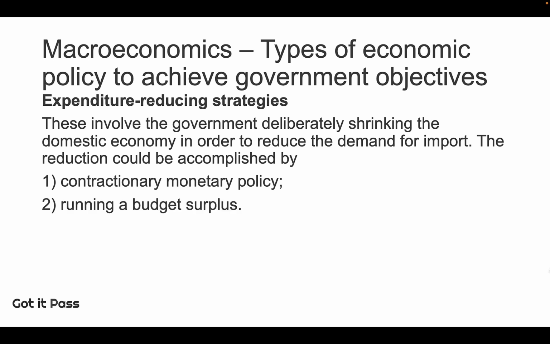In other words, with these two policies, no matter whether it's monetary policy on a contractionary basis or running a budget surplus, the government is taking money from the economy, no matter if it's for local consumption or for consuming goods imported into the country. So it's just the intention to shrink the domestic economy in order to reduce the balance of payments deficit.